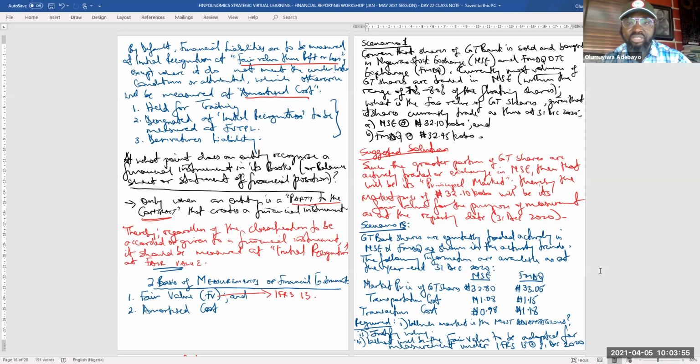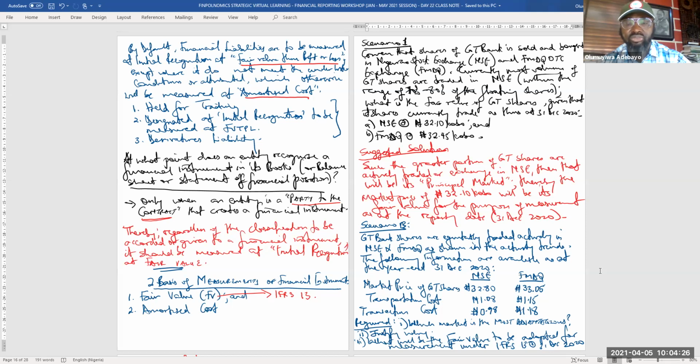Fair value being the market price has the highest hierarchy level, which is level 1. The second level is adjusted quoted prices, where we make use of observable market input in determining the fair value. The 3rd level is where we use unobservable market input.